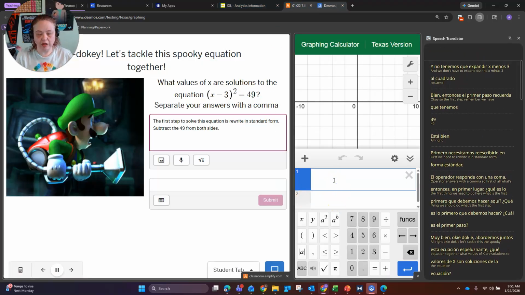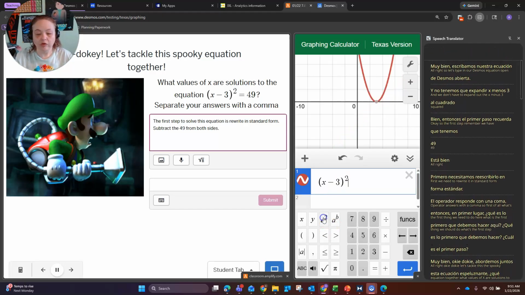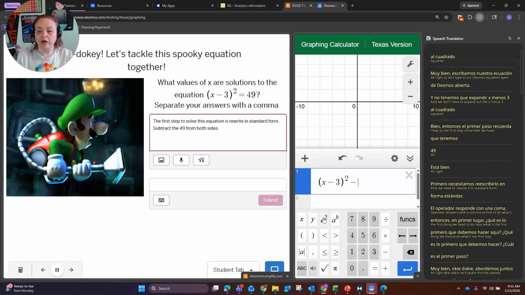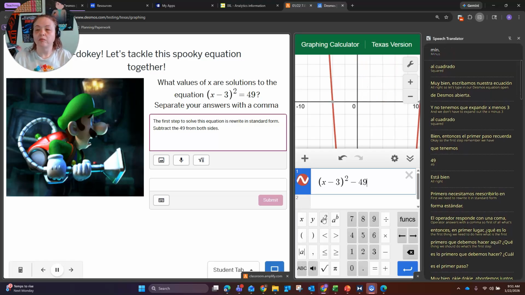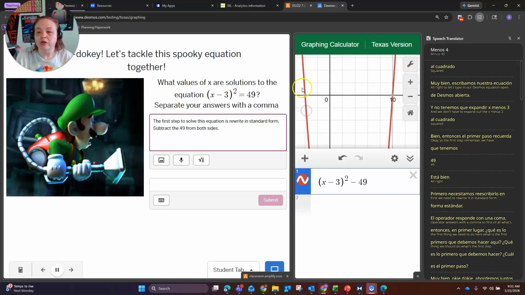All right, so let's type in our Desmos equation. Open parentheses, x minus 3, squared, minus 49. And we want to know what two solutions we have.